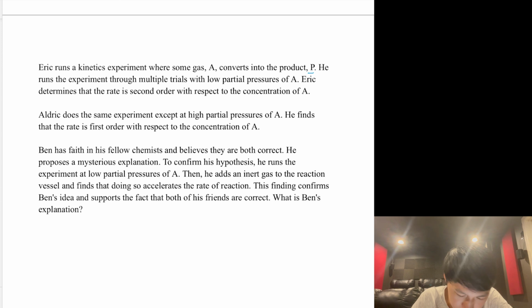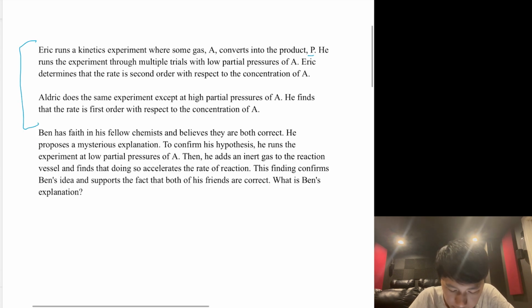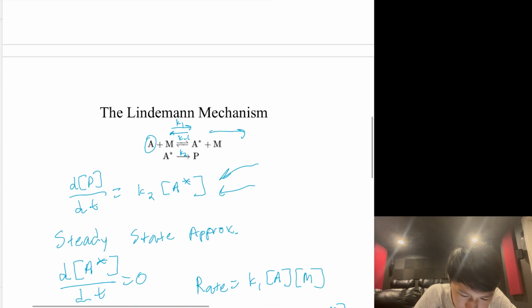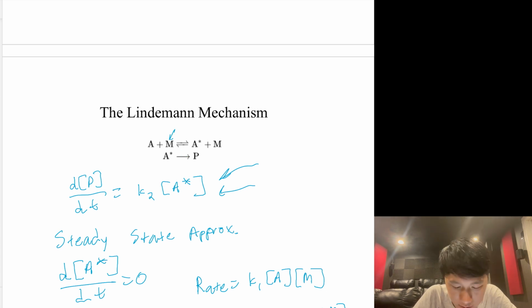Now, in these two experiments run by Eric and Aldrich, there are no other molecules other than the gas A inside the reaction vessel. Therefore, we can say that the identity of this other molecule M is actually going to also be another A molecule. It's just another A molecule colliding with the first A molecule to turn the first A molecule into the A star excited state.